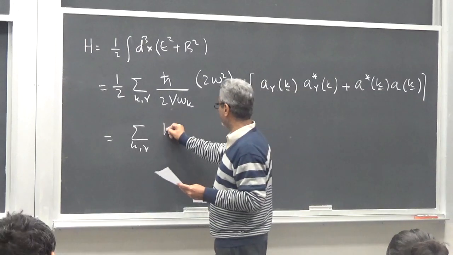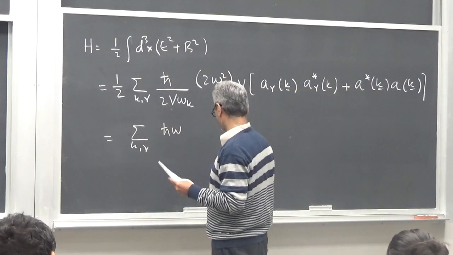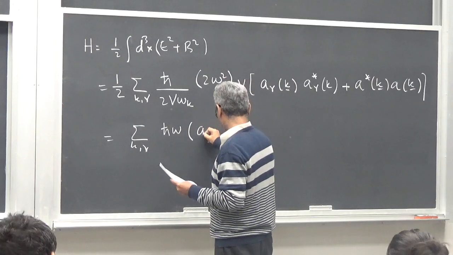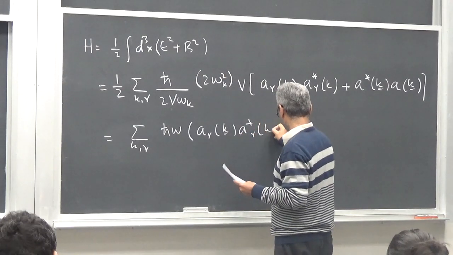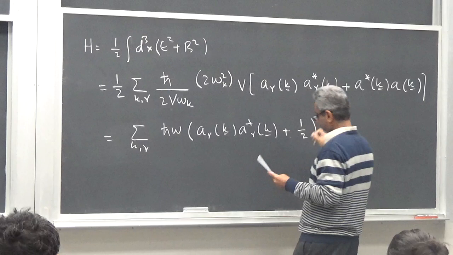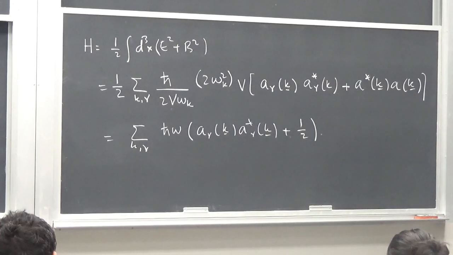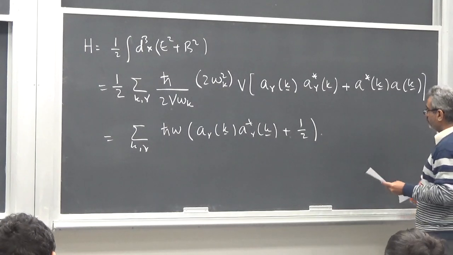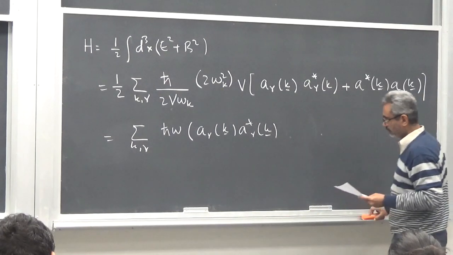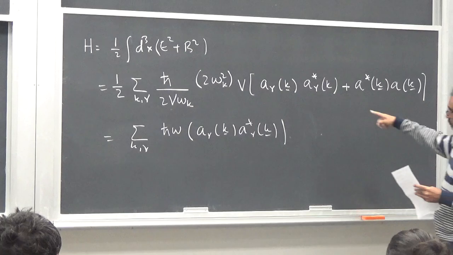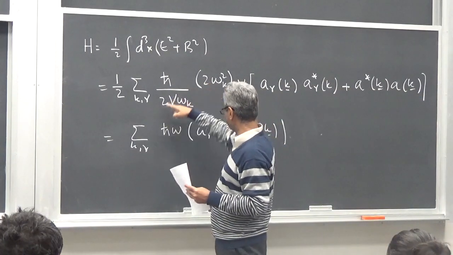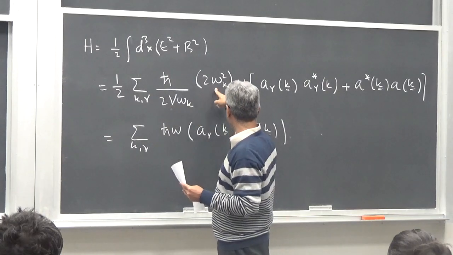And so you'll get h bar omega a r k a star r k plus a half. Or where did the half come from? Wait. No, this is the answer. 2 gets cancelled with that 2. This 2 gets cancelled with this 2. And this omega k goes away. Yeah, so fine.